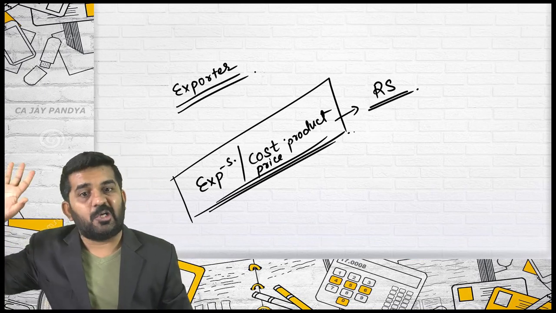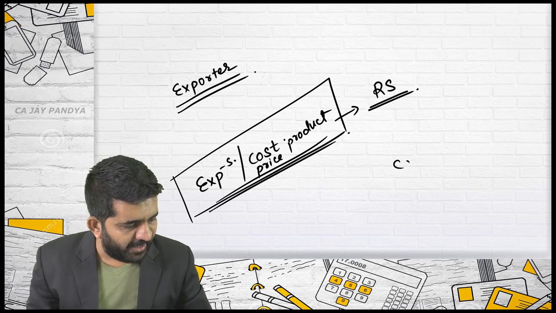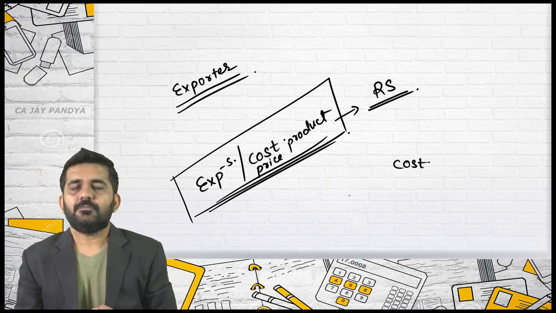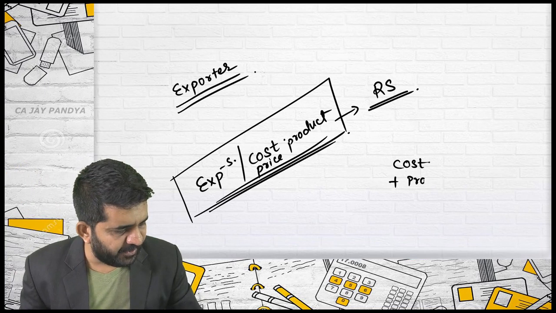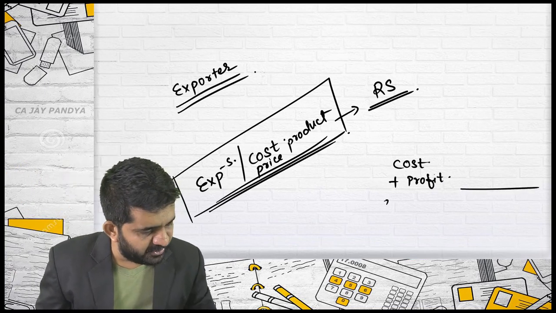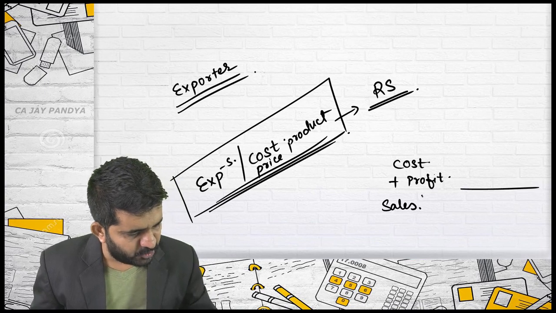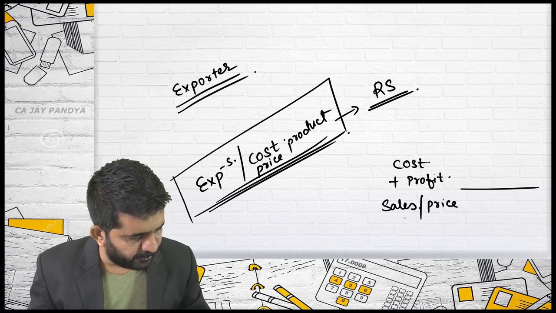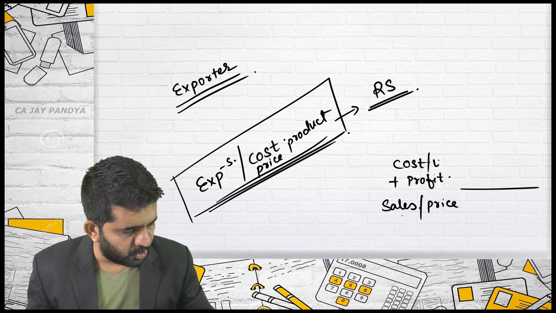Now go to that costing subject. You find out cost, then add profit, and you decide your selling price per unit.